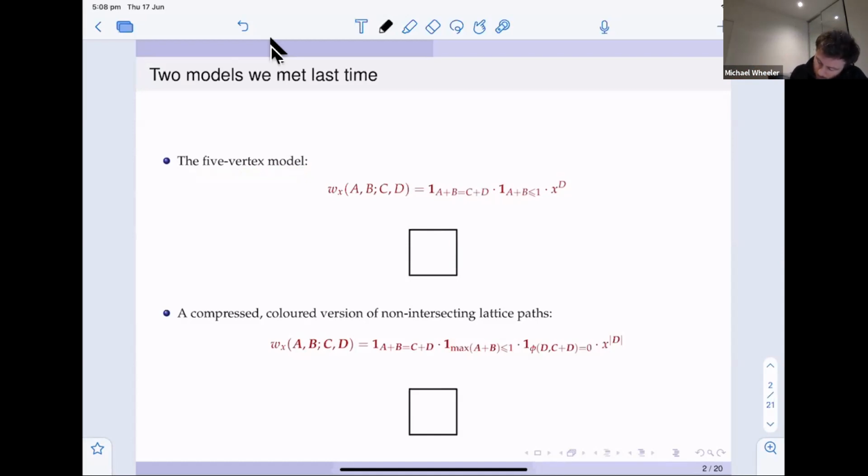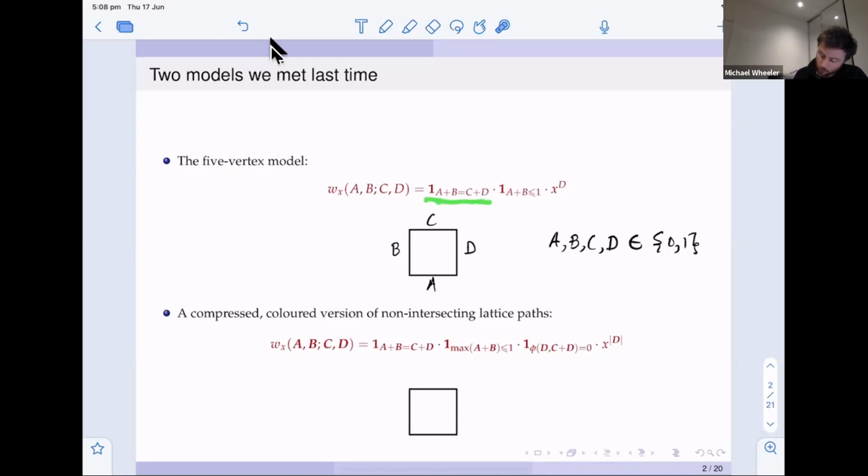For the 5-vertex model, we associate 4 states to a vertex, A, B, C, and D, and they take values in the set {0, 1}. That is 2 possible states for every single edge. As we saw last time, there are some constraints you place on these vertices.